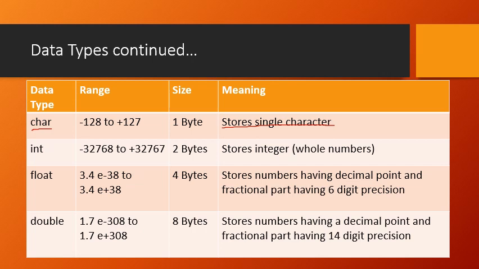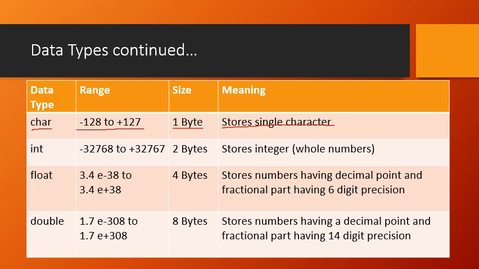The size required to declare a variable of type character is exactly 1 byte. So what is 1 byte? 8 bits. You might have learned bits and bytes by this time. So 1 byte consists of 8 bits. Then the range is given here.